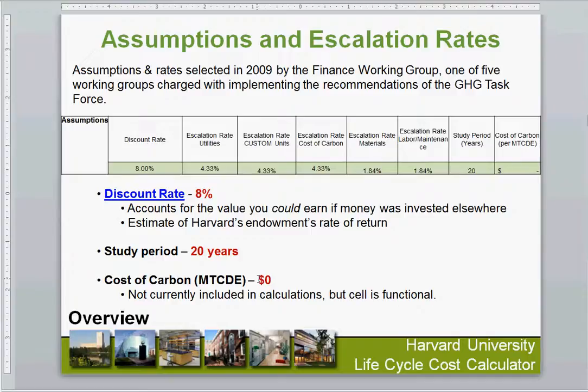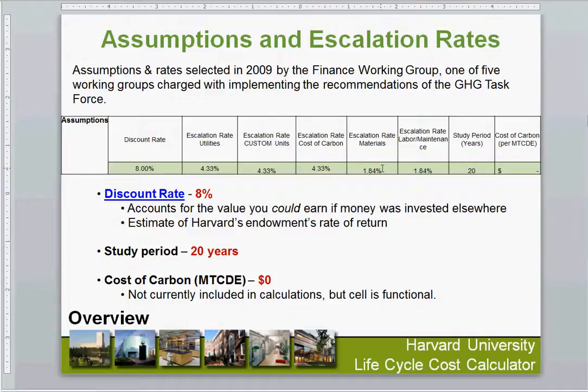So we could add that to the cost of our utilities, which could provide additional savings when you look at it from a using-less-of-those-utilities perspective. So that cell is 0 on our standard calculator, but it can be edited and it will function if you want to play around with that.